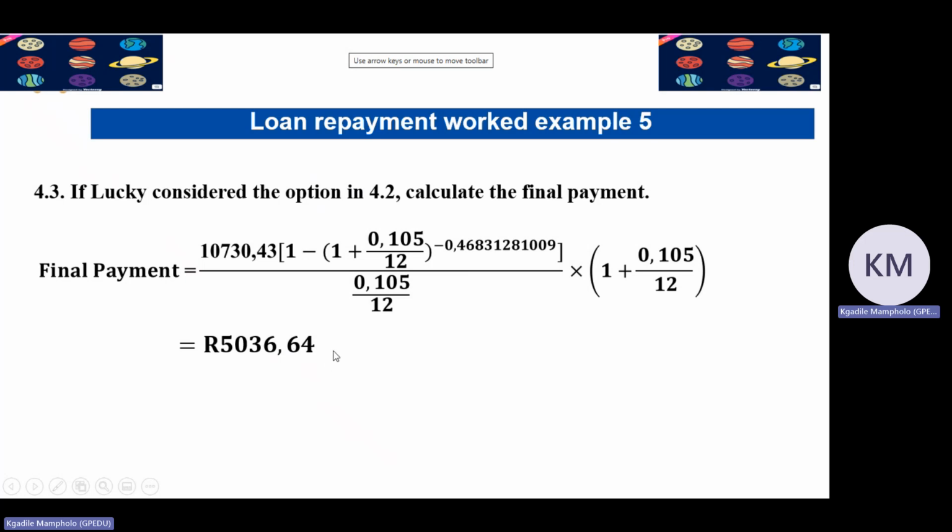It means the last payment that Lucky will make will be R5,036.64. You still use the present value formula, which is given in the formula sheet at the end of the year, but your X will still be the installment, and then n will be the decimal digits on n that you calculated when calculating the number of installments, the extra time that would be needed for Lucky to cover his arrears.